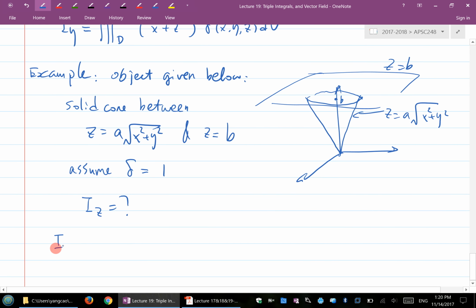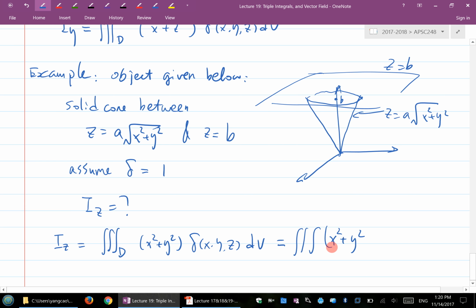So Iz equals the integral of x squared plus y squared times delta dV. And delta happens to be 1, so this triple integral becomes this one.